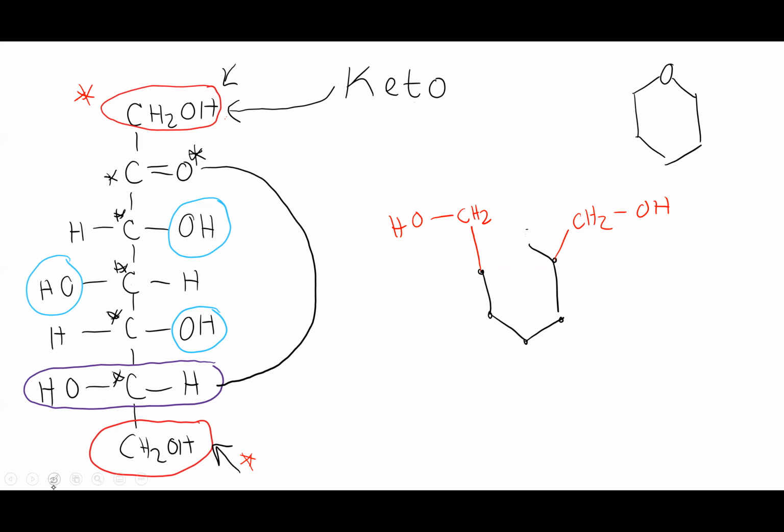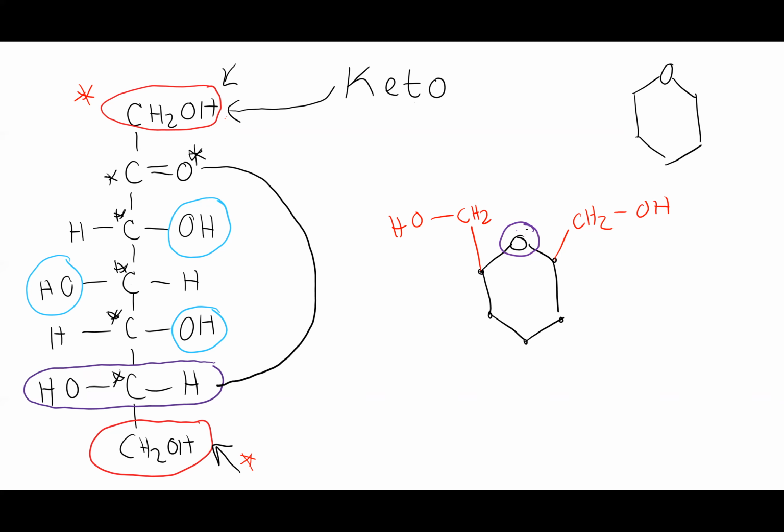So I'm going to write that in its color to remind you where that oxygen came from. So this OH group in purple, we don't need to worry about placing because it is this oxygen in the ring.